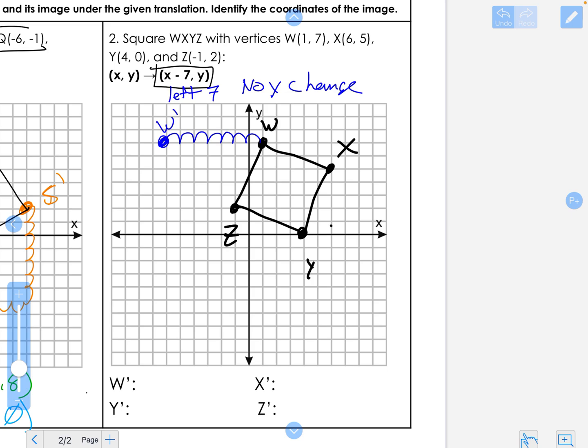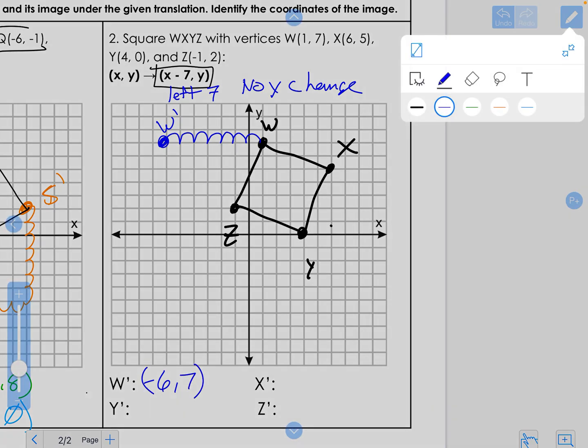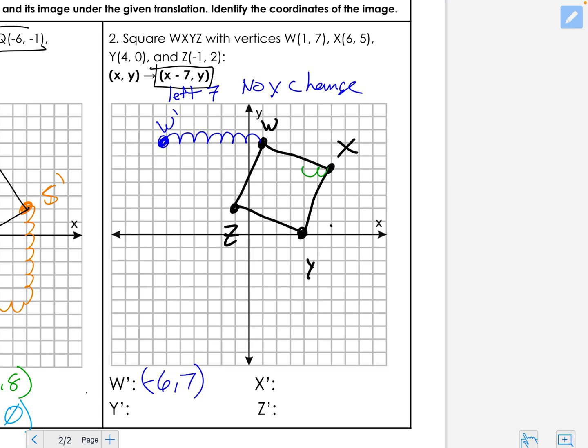And W prime, if it was at 1 and we're subtracting 7, it should be at -6. We said the y value is not going to change, so I can just write it down. 1, 2, 3, 4, 5, 6, 7. So that should be X prime. And 6 minus 7 should be a -1. The y value didn't change, so we just write down the y coordinate.